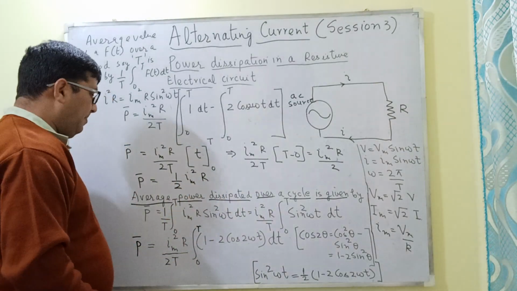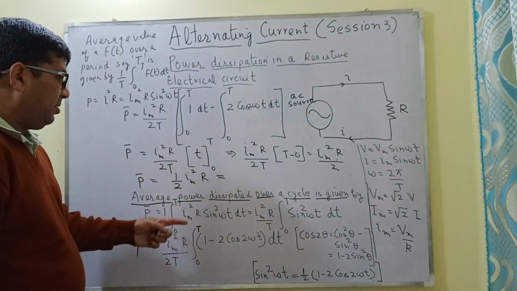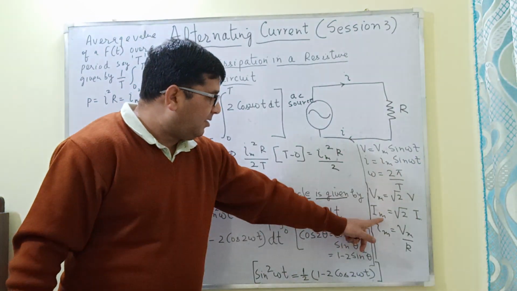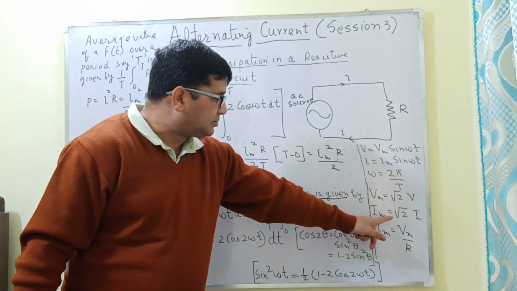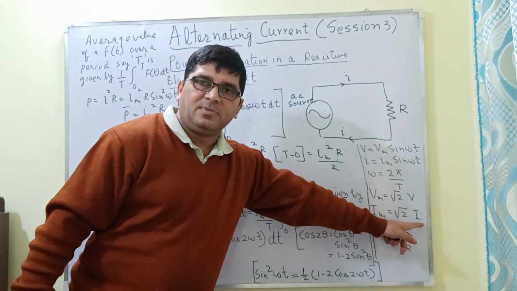Okay, now in the previous session we have seen that the value of Im is equal to root 2 I, where I is the RMS value of the current.